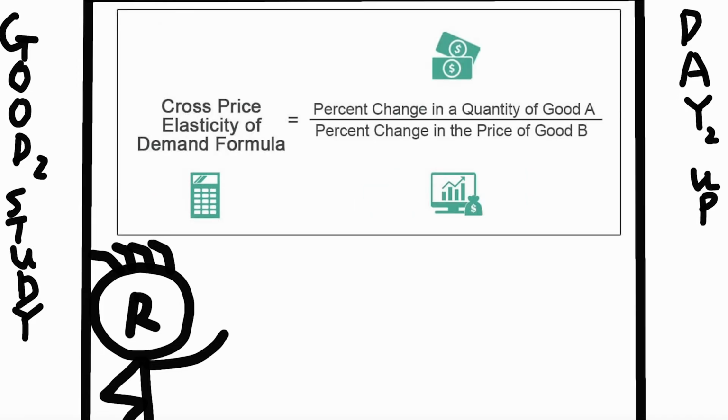inelastic. The next elasticity that we're going to talk about is called the cross price elasticity of demand. In this concept, it involves two goods, okay? What it describes is the change in quantity of good A in reaction to a change in the price of good B. A real life example would be an entrance fee for a ski resort and rental skis.